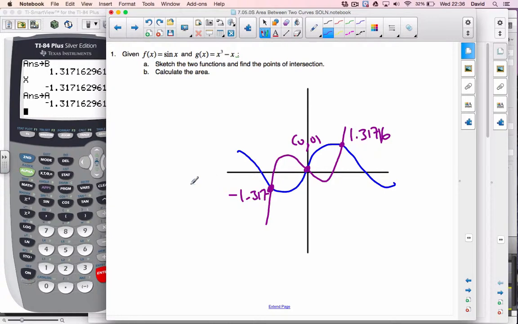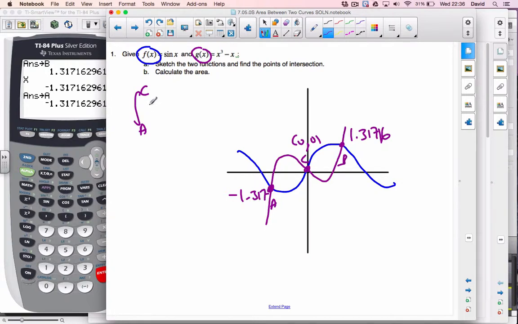So if I'm going to find the areas, well, if this is A, B, and C, I could go from A to C. The upper curve is g of x, and my blue curve is f of x.